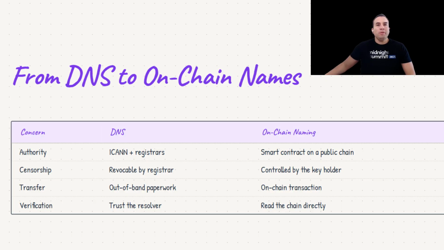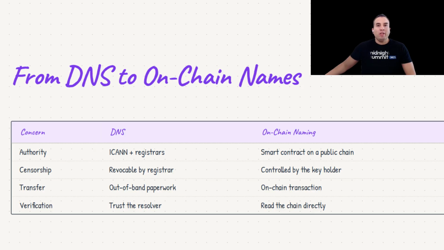So how is a .night domain different from a regular .com domain? It's just DNS with the trust model flipped. First, authority. DNS is only records, but an on-chain naming system is a smart contract on a public chain. No gatekeeper who can be pressured or acquired. Second, censorship. A DNS controller can revoke your DNS name.